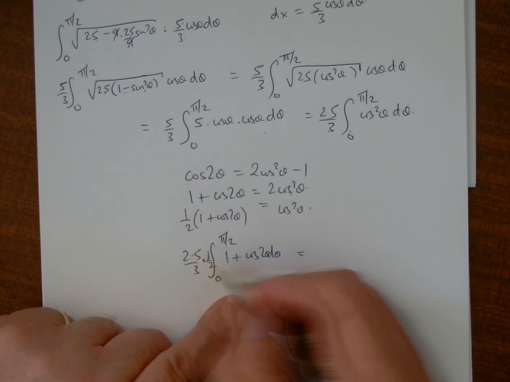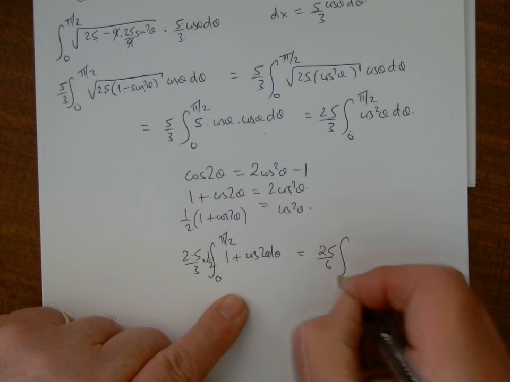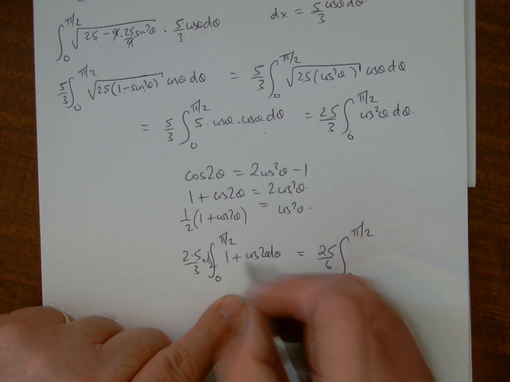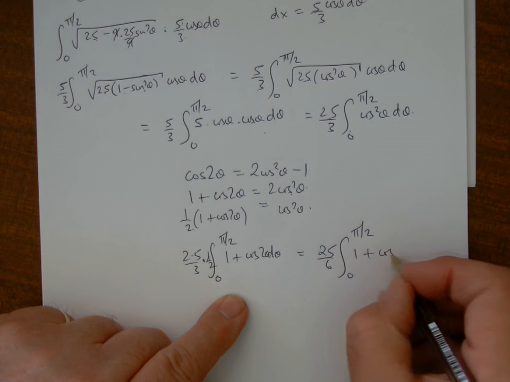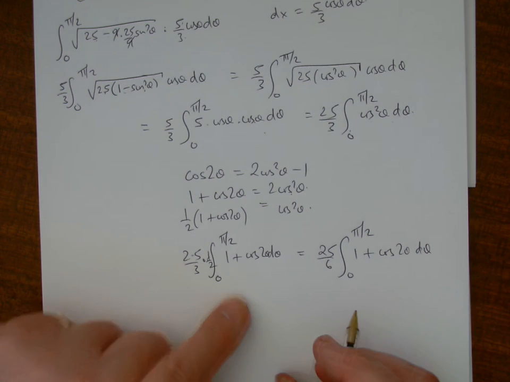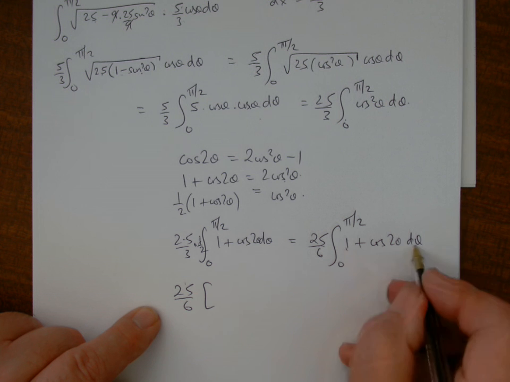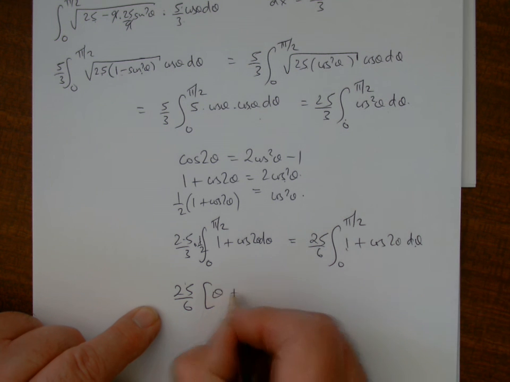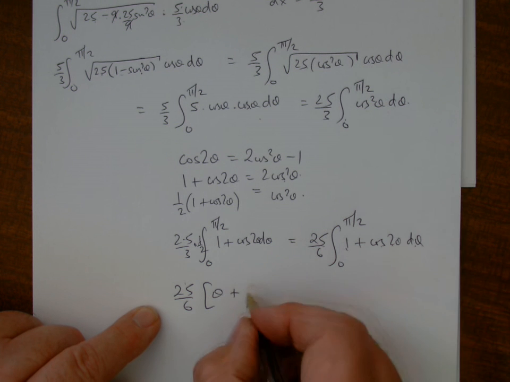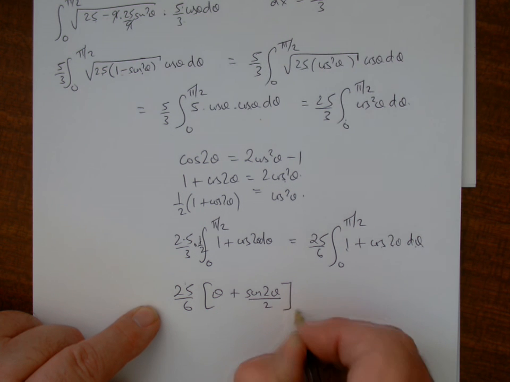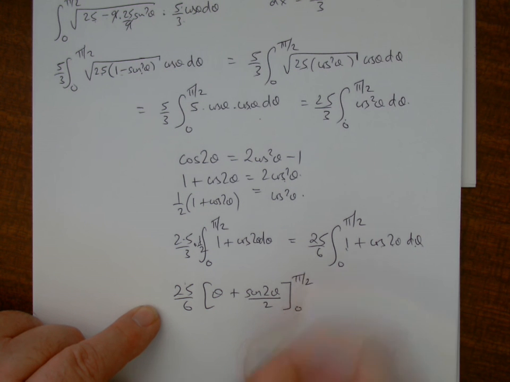So that's 25 over 6, integral of 1 plus cos 2 theta d theta. Integrating that, the integral of 1 with respect to theta is theta, plus the integral of cos 2 theta is sine 2 theta over 2, from 0 to pi by 2.